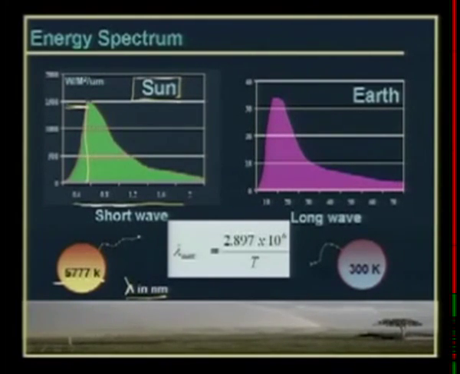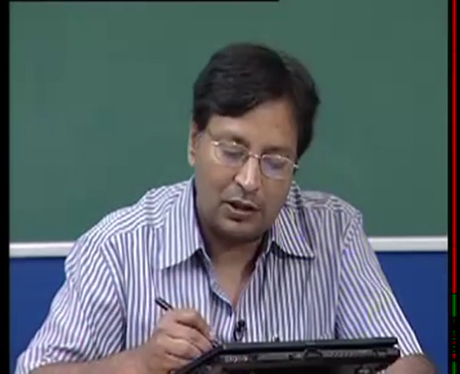When we come to the Earth, the temperature is low, so the radiation from the Earth will be in the long wave, as you can see here, and see the difference in the wavelength versus 0.8 here, that could be 10, 30, 40. So you can also estimate at what wavelength the maximum radiation will occur from the Earth.